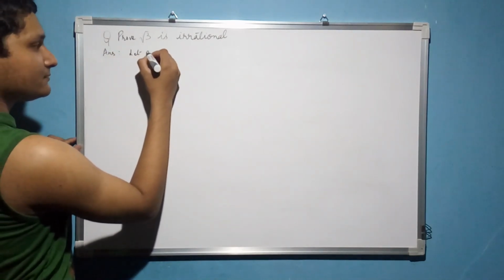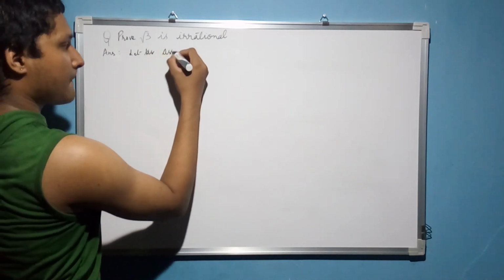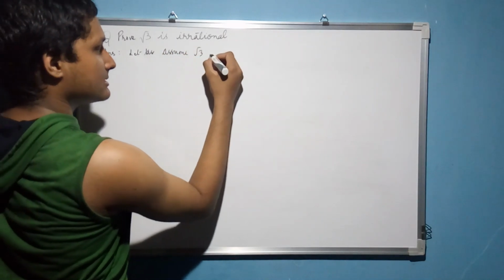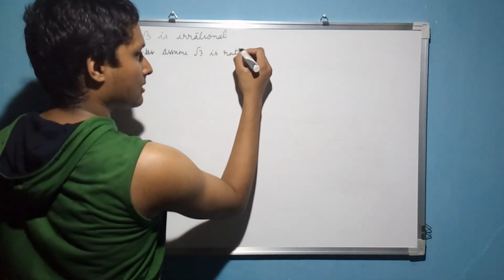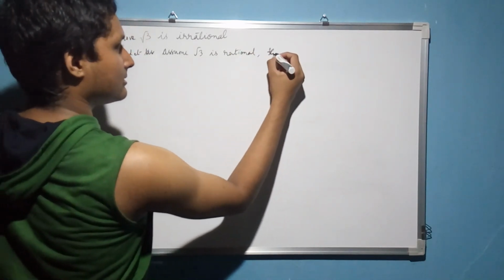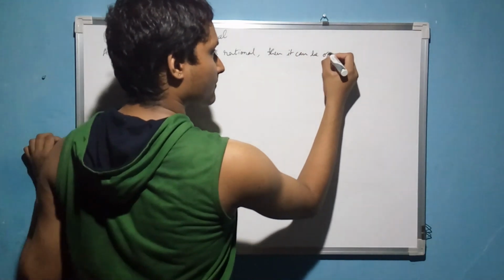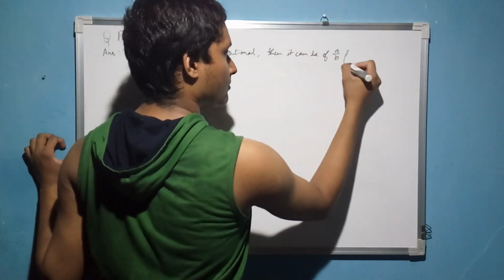Let us assume root 3 is rational. Then it can be of the a by b form.